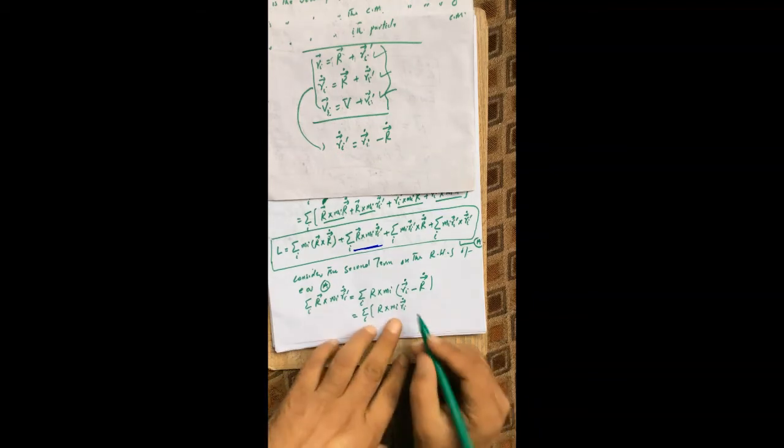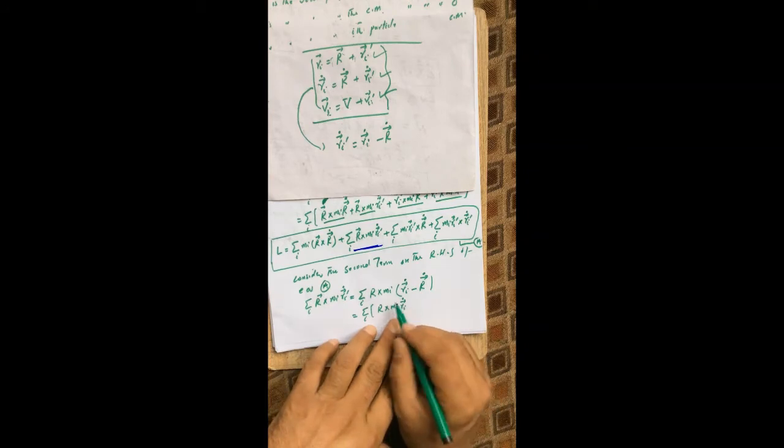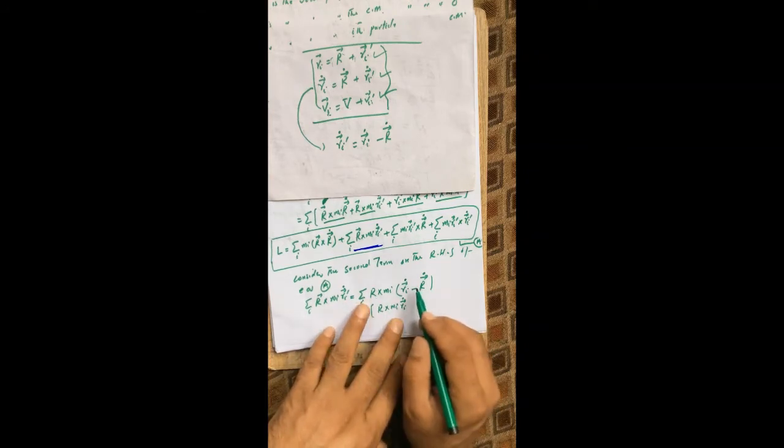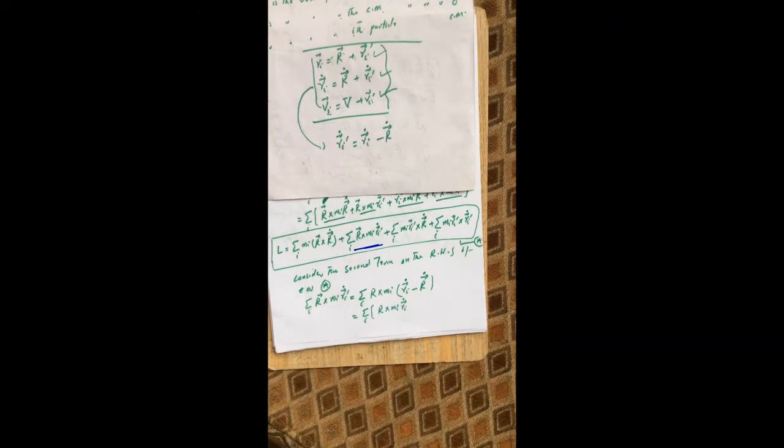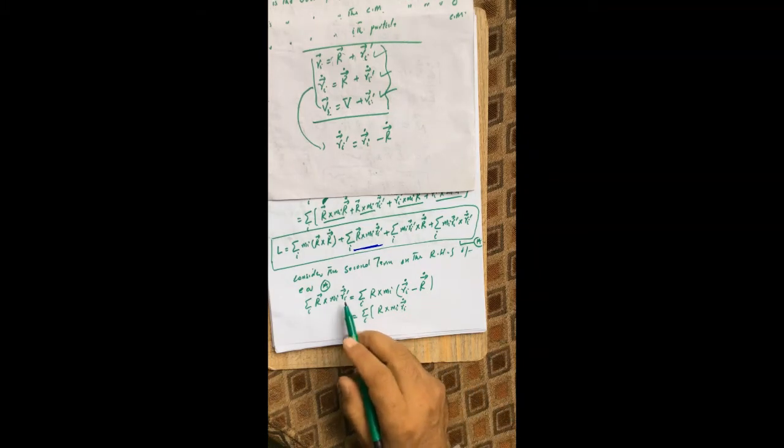And then we have this term. I think there is a problem with this term. I have to check it first. We have this r cross, the second term is mi ri prime dot.